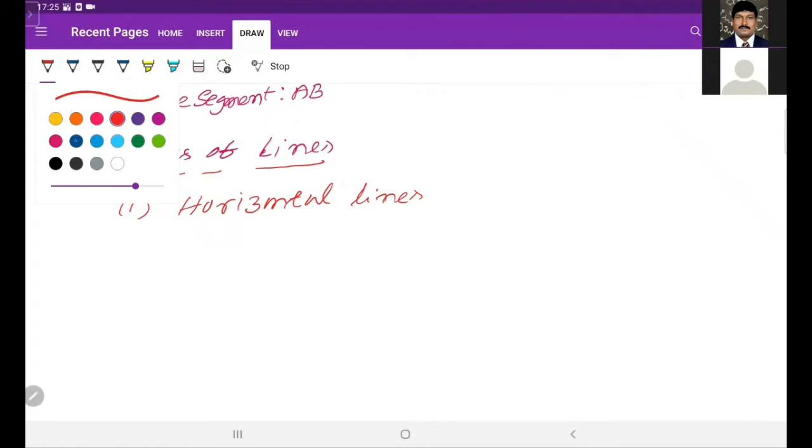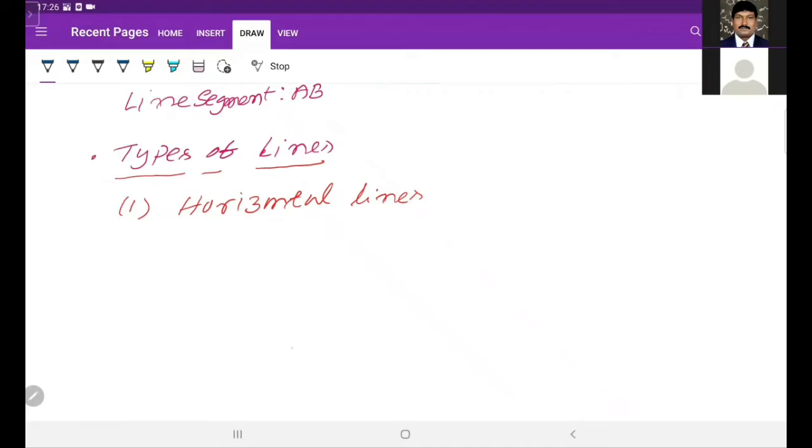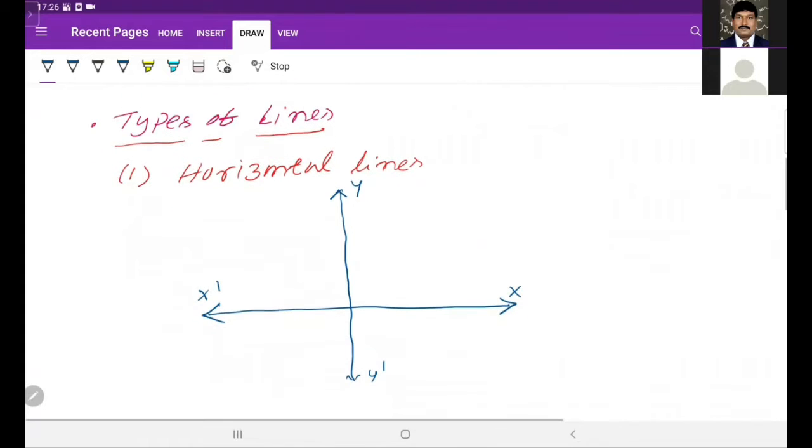Indicate horizontal lines in the graph. Draw x-axis. It is x, it is x dash. So it is y, y dash. So here it is origin. Understand?